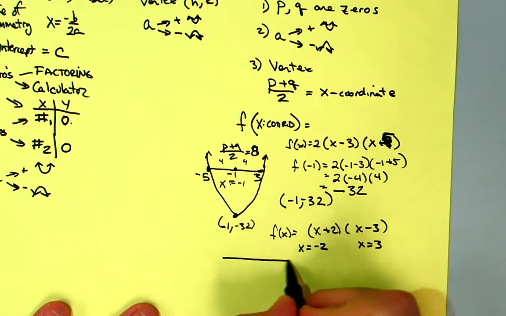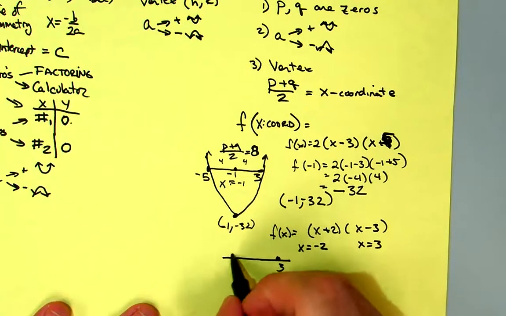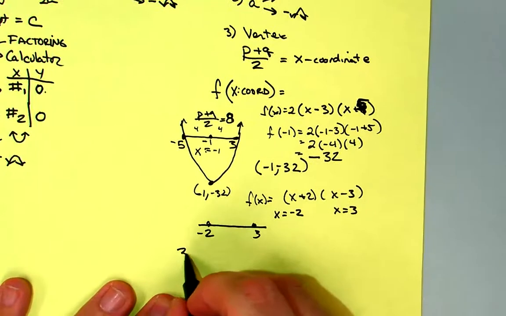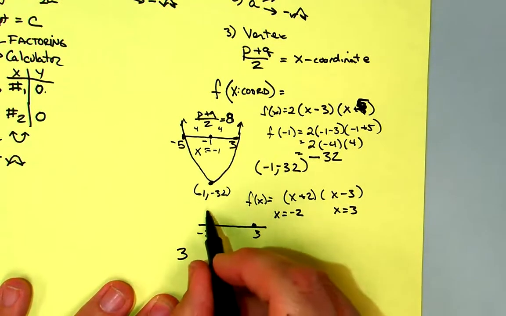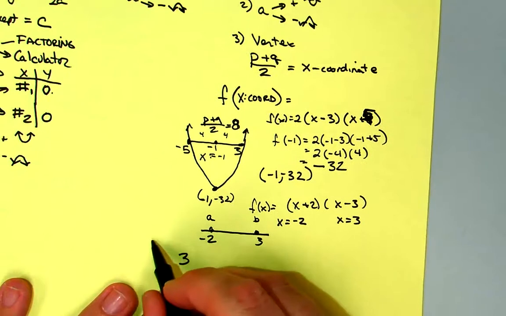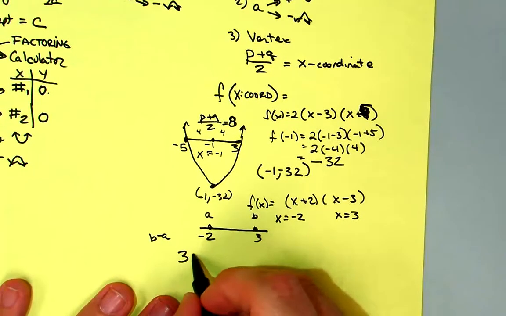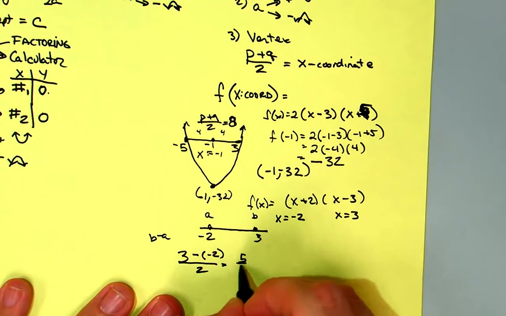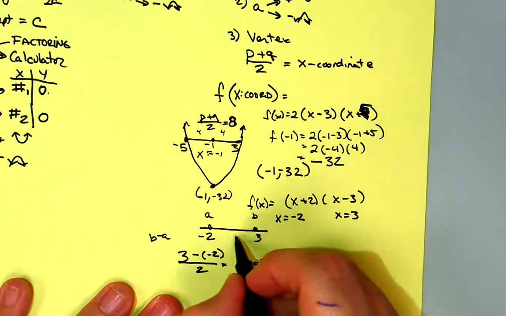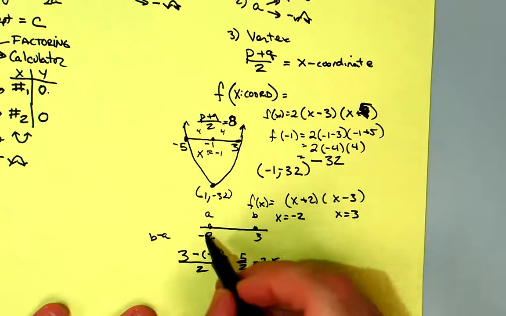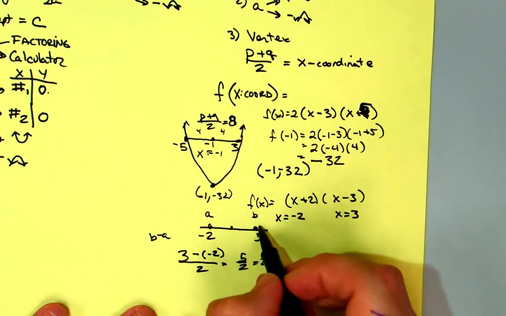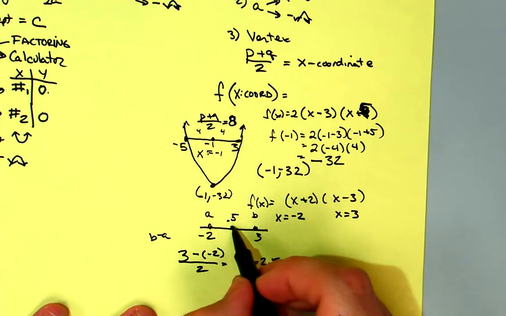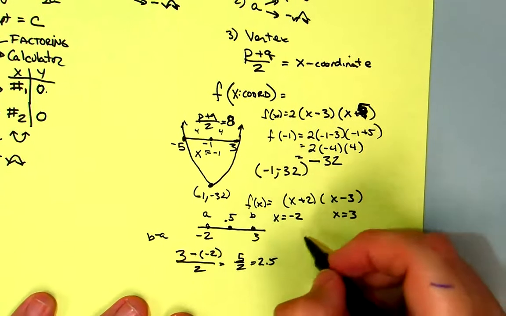So on our number line, I know I'm going to be at 3, I know I'm going to be at negative 2, and if that's my a value, that's my b value, if I go b minus a, 3 minus negative 2, and then divide that by 2, that's 5 over 2, which is 2.5. That's going to tell me how far over I need to go in each case. Because I go over 2.5, my x is at 0.5.